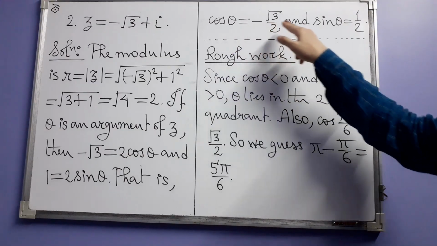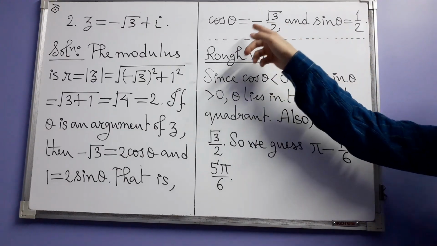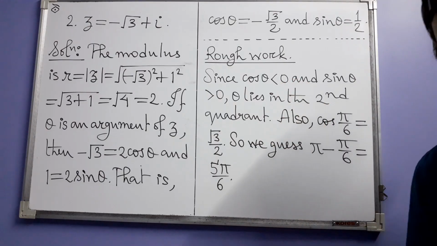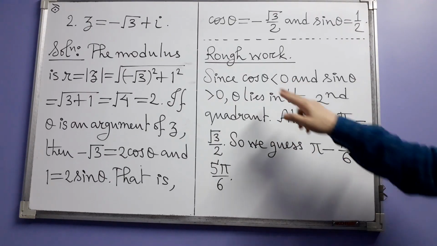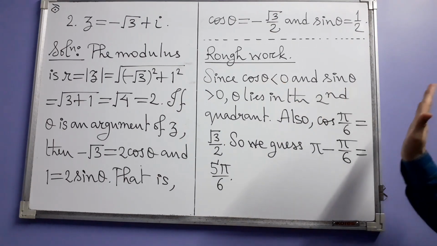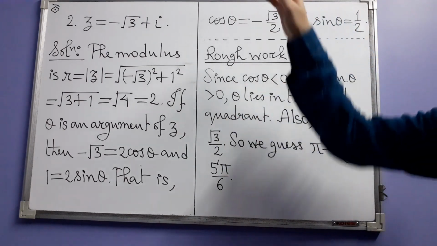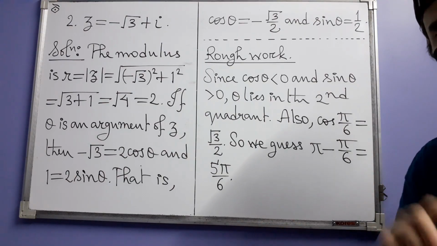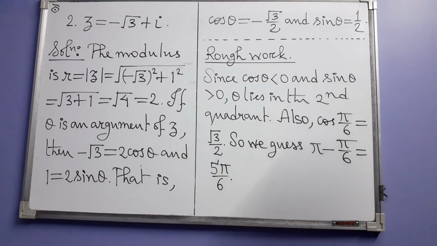So those equations turn into these: cos theta equals minus root 3 divided by 2 and sin theta equals 1 divided by 2. So now cos theta is negative and sin theta is positive, so we are in the second quadrant. That is, our theta should be in the second quadrant.